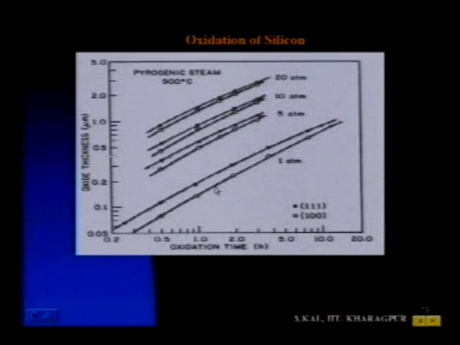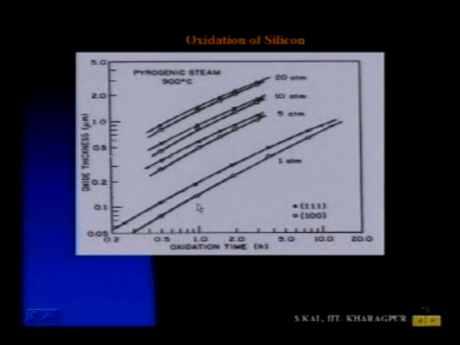In 1 atmosphere, the lower curve is 100 and the upper curve is 111. In all high pressure oxidations also we have seen that the oxide thickness in 111 oriented silicon substrate is more compared to 100 orientation silicon substrate.